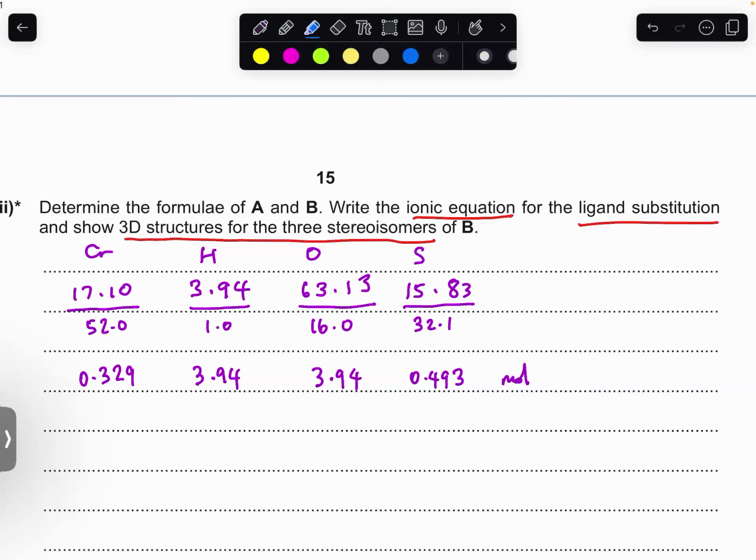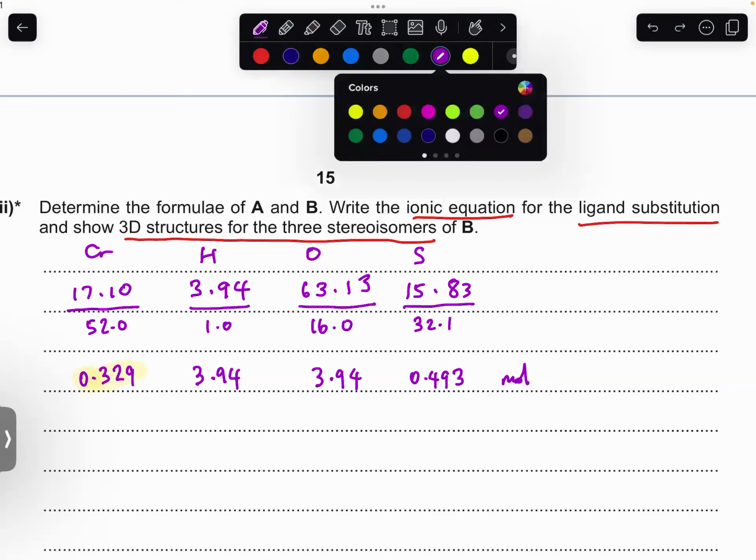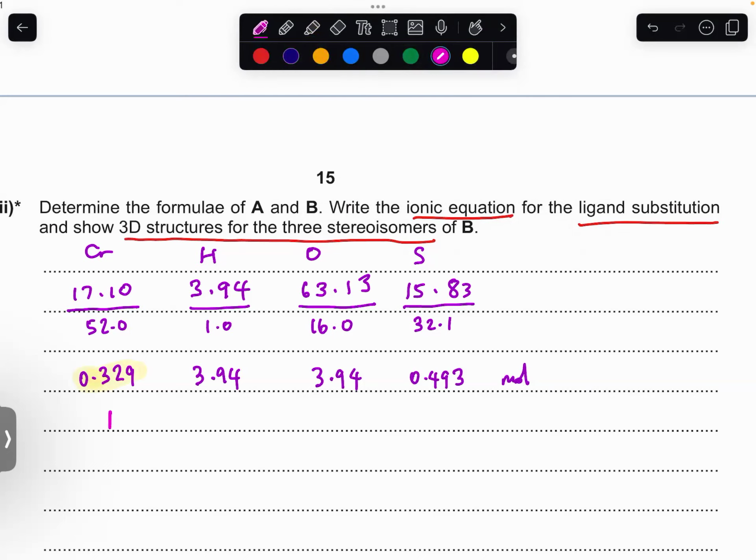The smallest number in this case is the chromium one, so that divided by itself would be 1. Then 3.94 divided by 0.329 gives us 11.975. That's going to be 12. This will also then be 12.